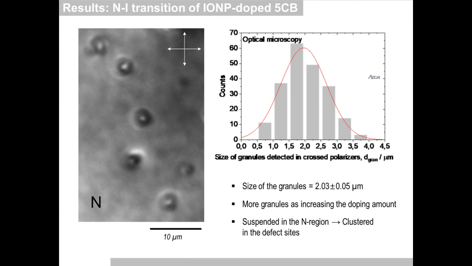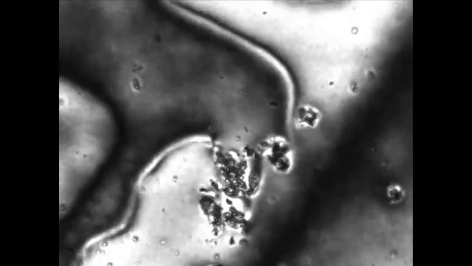The magnified view of the granules provides the size distribution, where the mean size of the granules is around 2 micrometers, with more granules as increasing the doping amount, and most of them are suspended in the nematic region, and finally clustered in the defect sites, as shown in the next slide.